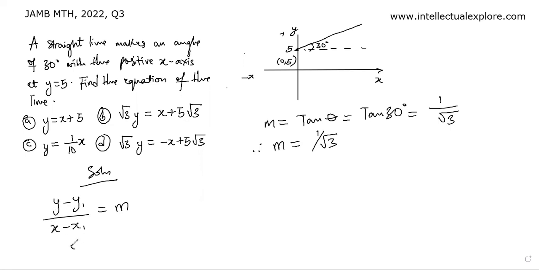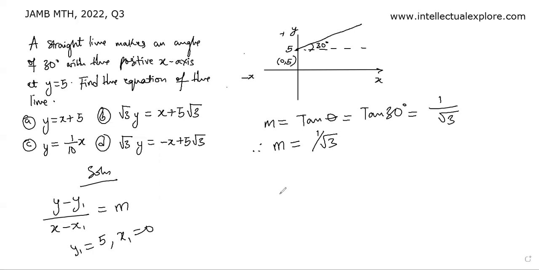Our y1 will be 5, our x1 will be 0, and we already know what our gradient is. These other y here and x here are arbitrary values. Understand that they are like y2 and x2, which we are yet to find. But since we are trying to form the equation of a line, no need to actually find the values.